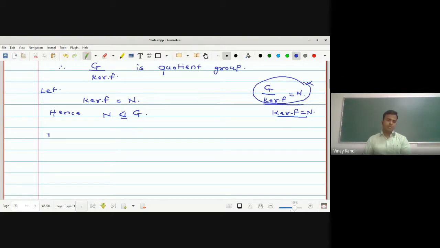Now we define a function gamma from G by N to G dash. Why did we do this?